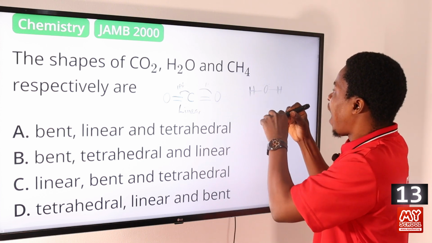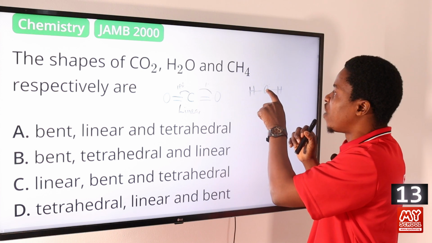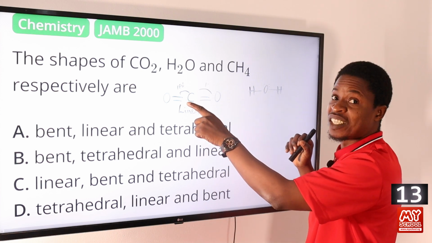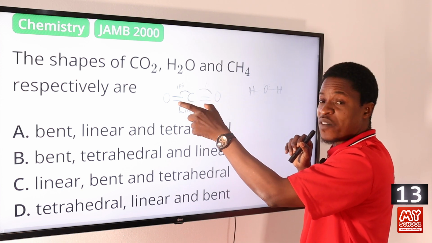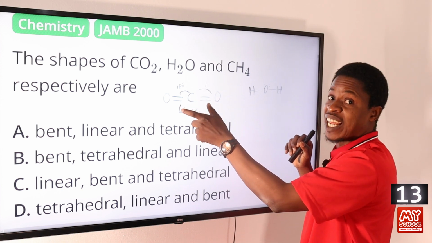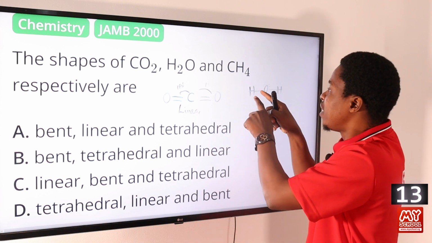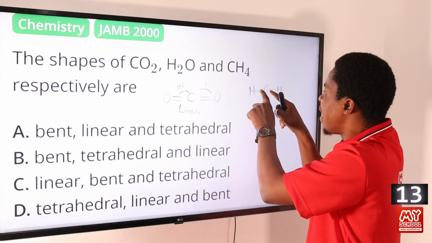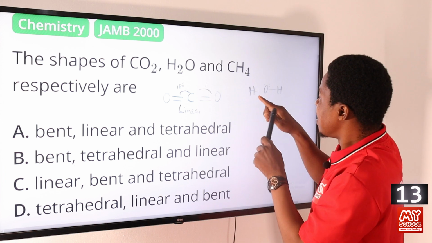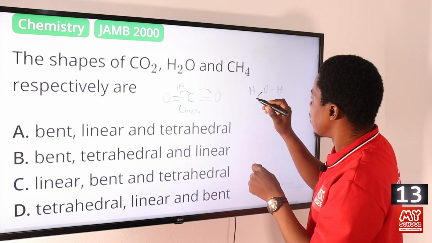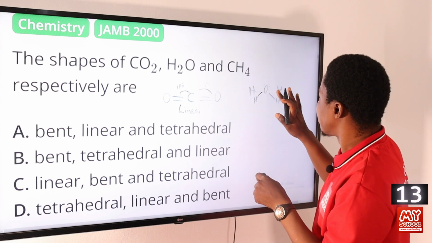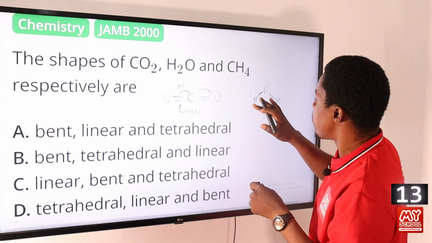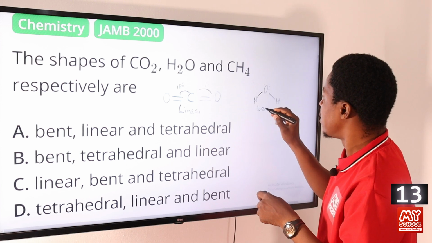The bonded pairs do not repel as strongly as the lone pair of the central atom, unlike carbon in CO2, which does not have any lone pair. So it will bend such that it will no longer be straight. It now forms something like this, and this gives us a bent shape for the molecule of water.